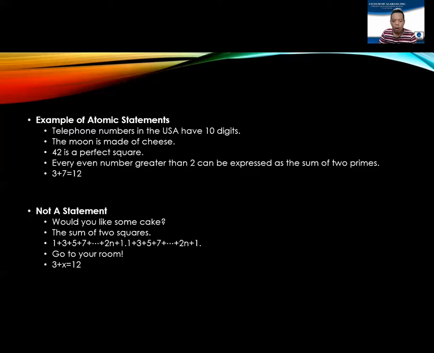Or you could capture the variable by quantifying over it, as in, for all values of x, 3 plus x equals 12, which is false. But still, we can classify that the statement is a proposition or a statement.